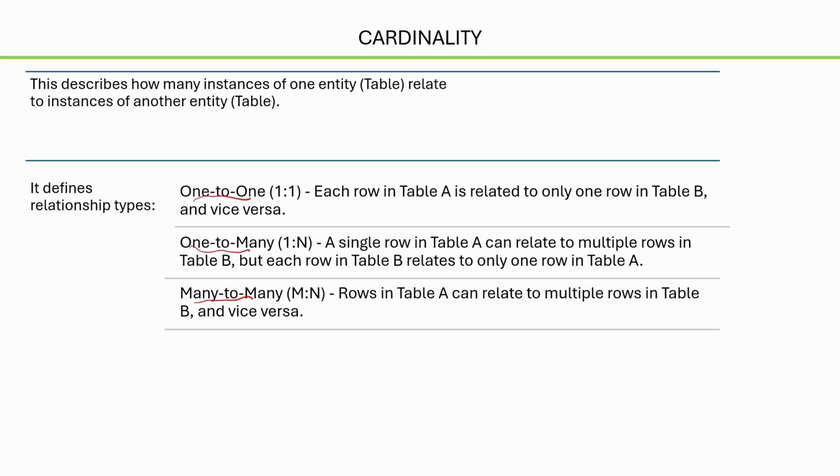It simply says that each row in table A, let's say we have table A and table B, relates to only one row in table B. So at that point we are saying that they are one to one. Now we are looking at the common key.